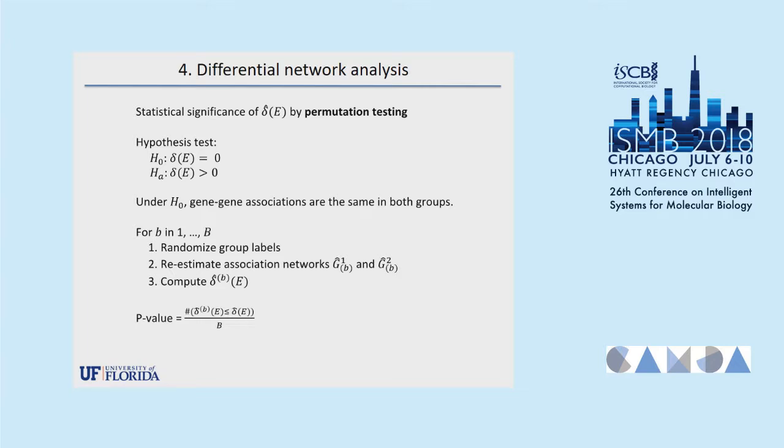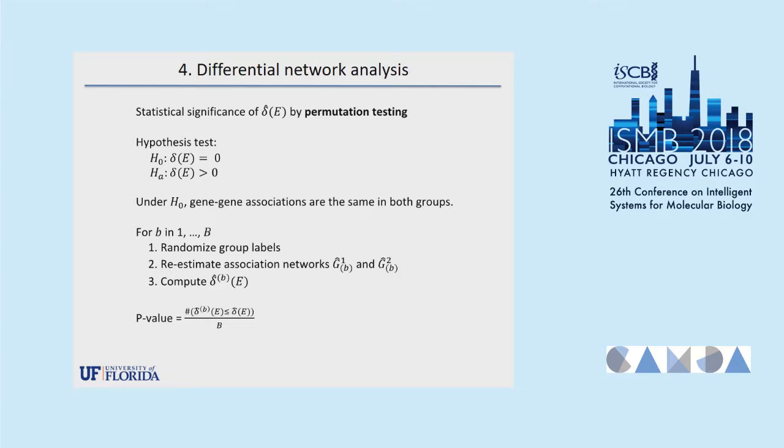So to determine if a set of connections are differentially connected, we'll do a permutation test. If the connections were the same in both groups, then you can basically interchange samples between groups and recompute the association matrix, and you shouldn't see any changes. So that's how the permutation is done.